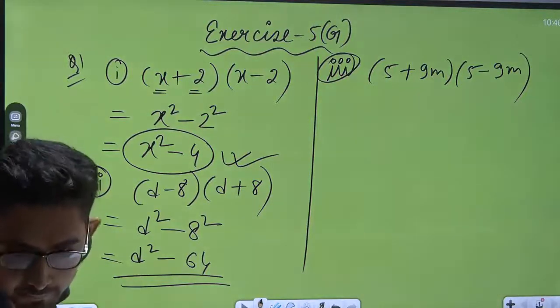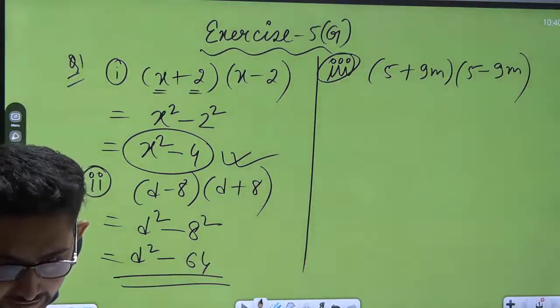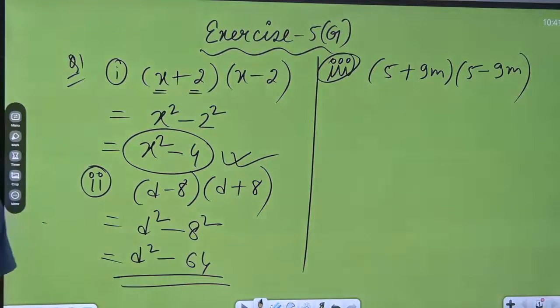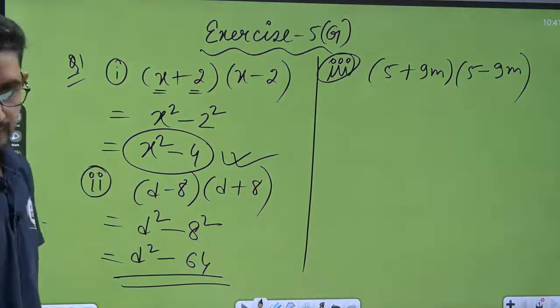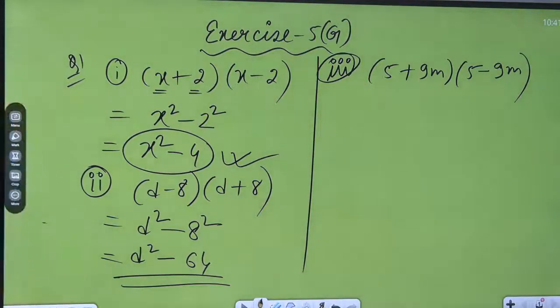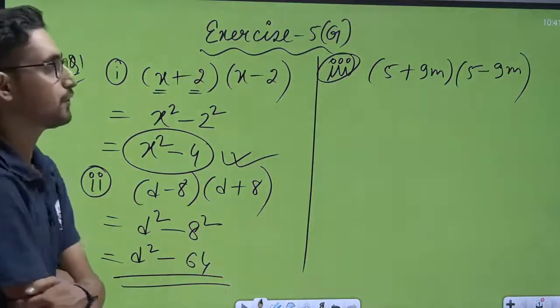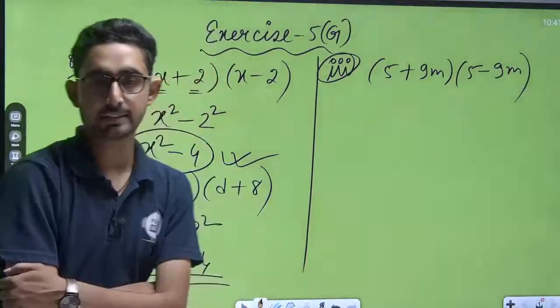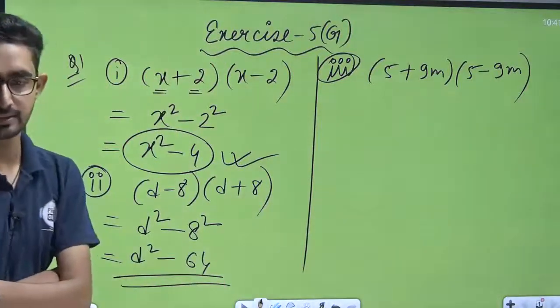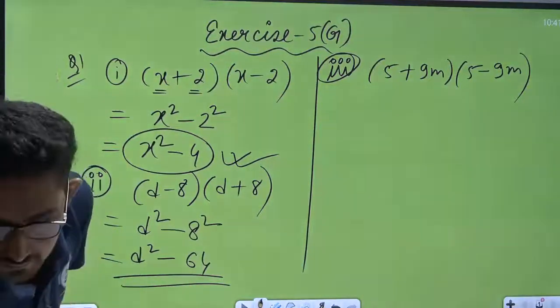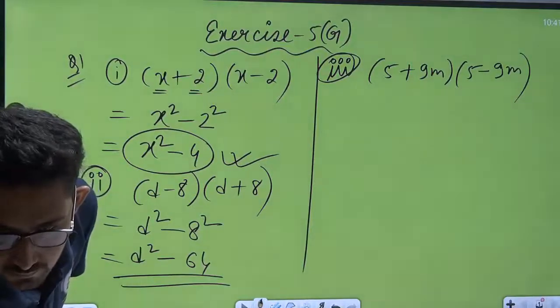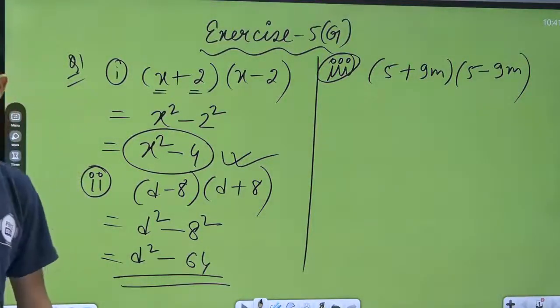Whatever your chat option is there, just write down your answer. I will wait for you. What happened? I think not have. Sometimes maybe blur. Yes, Muskan, tell me answer fast. Very simple question. 5 plus 9m and 5 minus 9m. What is the answer of this question? Yes, students.